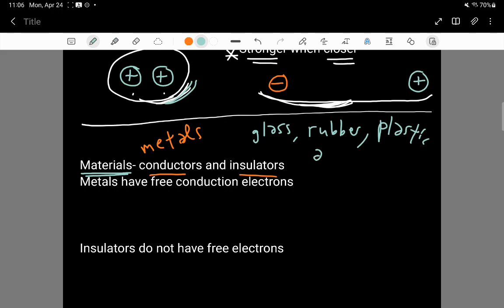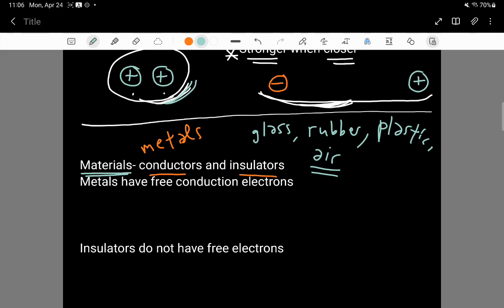And in fact, a really good insulator that's often not mentioned, because people always forget it exists, is just the air. On the surface of the Earth, we have our atmosphere, which is air, and this air is an electrical insulator.